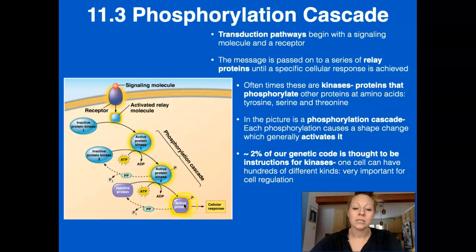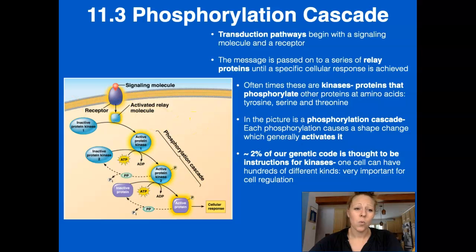Eventually this is going to cause a cellular response. So we have a chain of protein kinases phosphorylating one another, and this is going to cause a cascade. About 2% of our genetic code is thought to be instructions for kinases. These messages are passed from one to another, and they're very important for cell regulation.